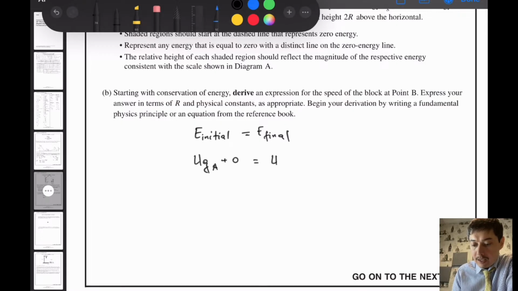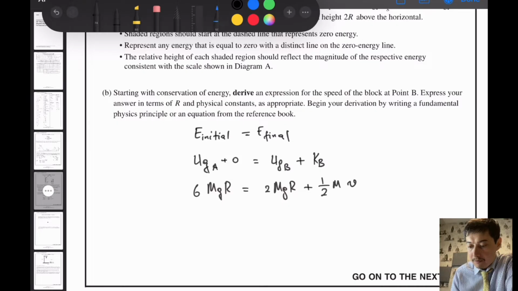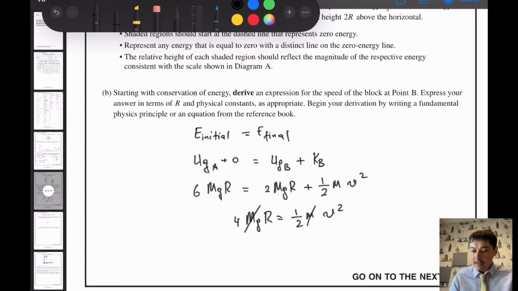Equals gravitational potential energy at point B plus kinetic energy at point B. So 6 mgr is equal to, at point B, 2 mgr plus kinetic energy, half mv squared. So we can send 2 mgr to the other side. It's going to be 4 mgr is equal to half m speed squared. The mass can be cancelled.